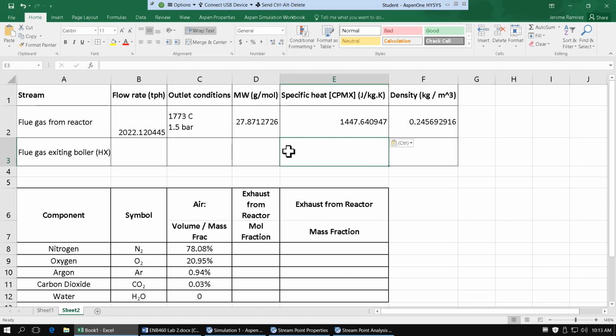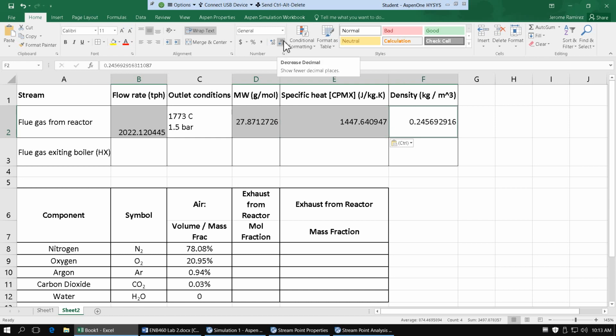Okay. So just a quick reminder, if you have this data with all these decimal places, just lessen the decimal places, not just for aesthetics, but also to recognize that the number of significant figures is not that many.